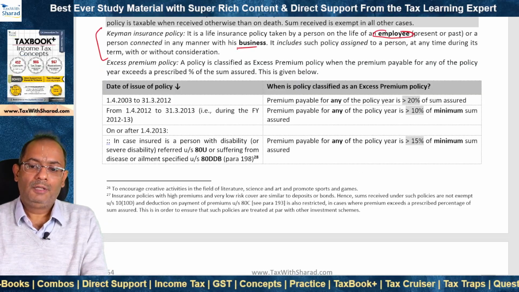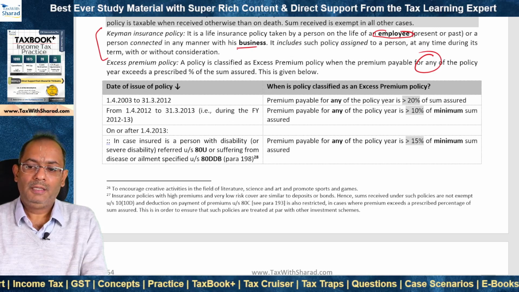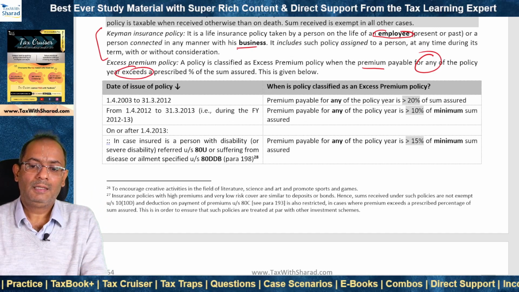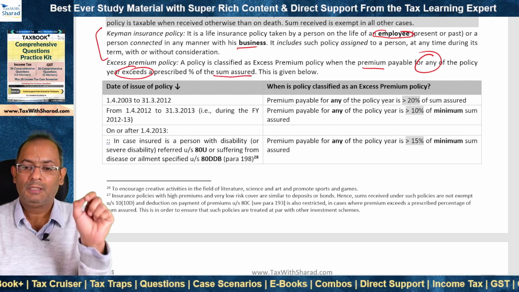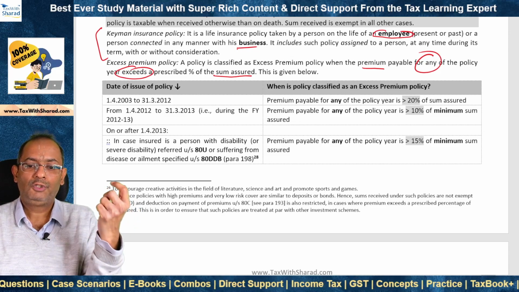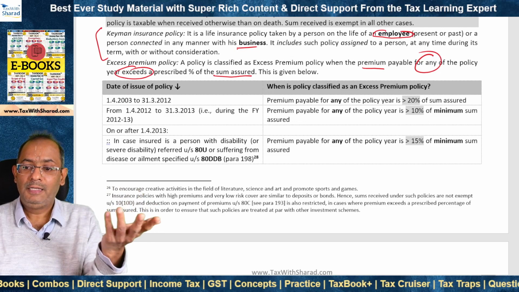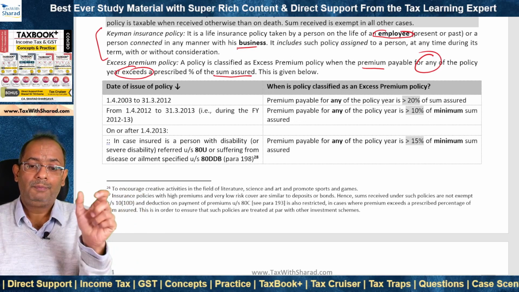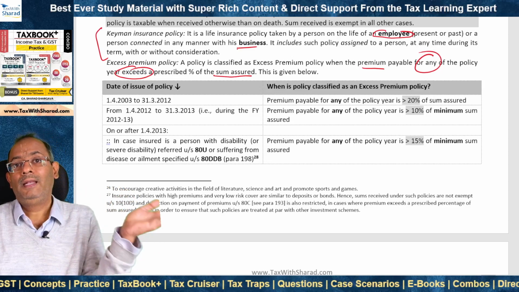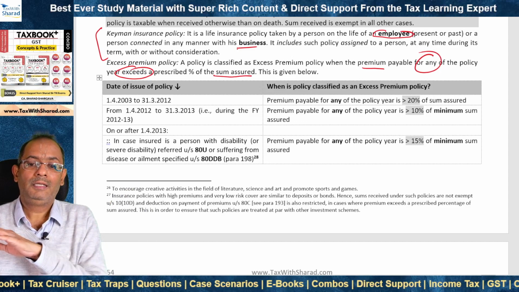So excess premium policy is a policy where the premium payable for any of the policy year exceeds a prescribed percentage of what? Of the sum assured. So there is a threshold of premium which should be paid as a percentage of sum insured. And if the threshold exceeds for any of the policy year, the policy gets classified as an excess premium policy, and consequently any sum including bonus which is received on account of such policy is fully taxable.